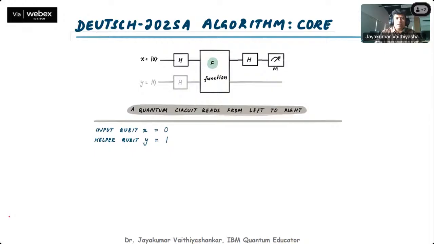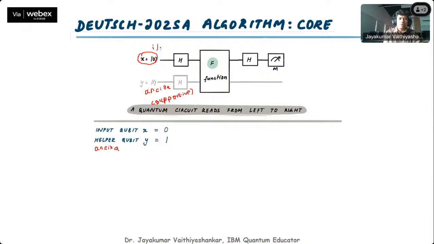The input qubit is x equal to 0, and the helper qubit y equal to 0, which is the ancilla. You can say supportive qubit. We need more than one data, but the actual data is this one.